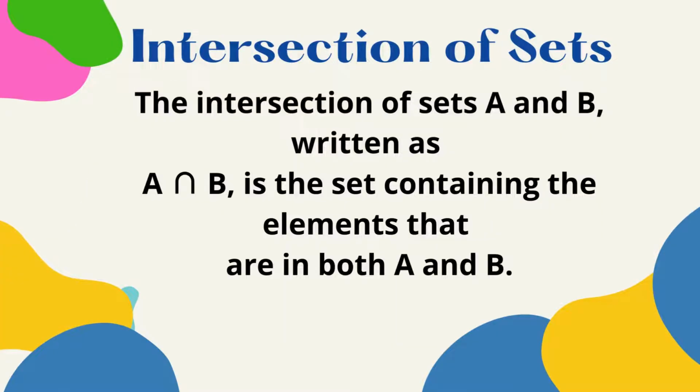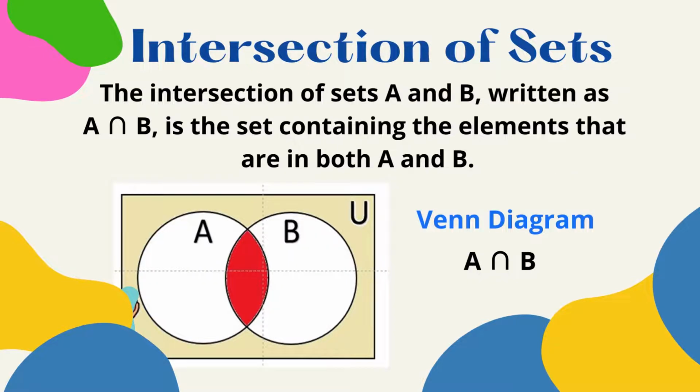The intersection of sets A and B, written as A, the inverted U, and then B, is the set containing the elements that are in both set A and set B. Again, both in set A and set B. To illustrate, here is the representation of intersection of sets shown in the Venn diagram.